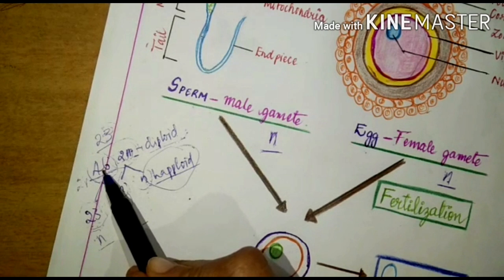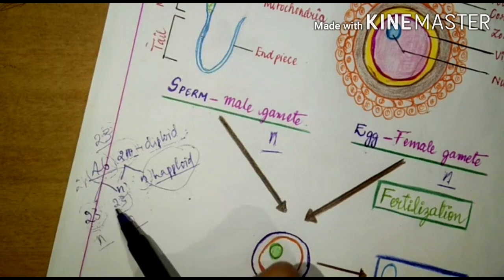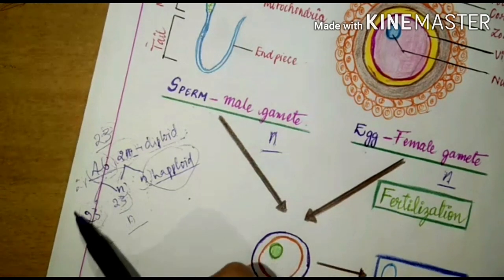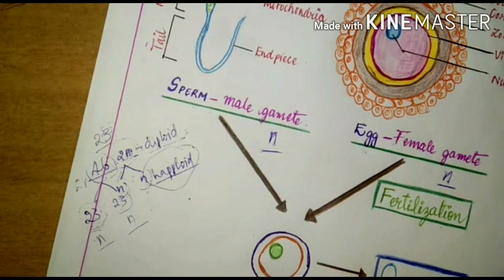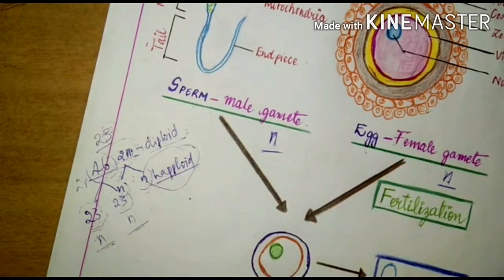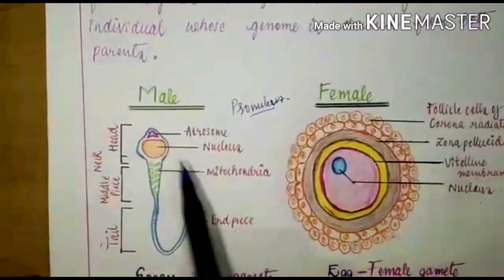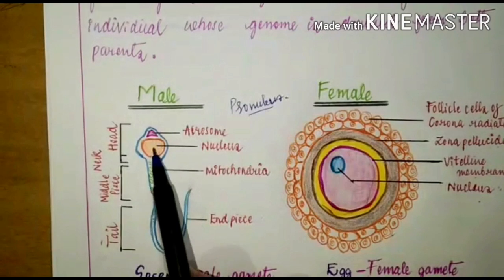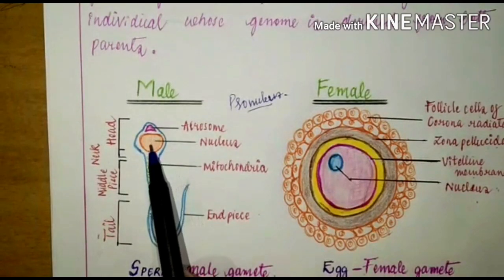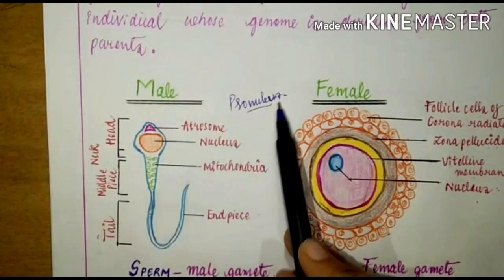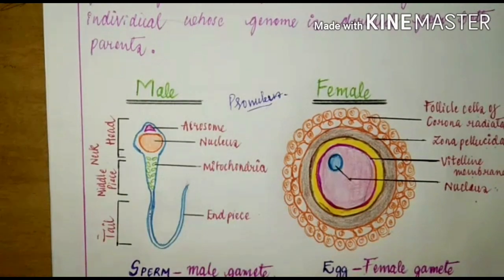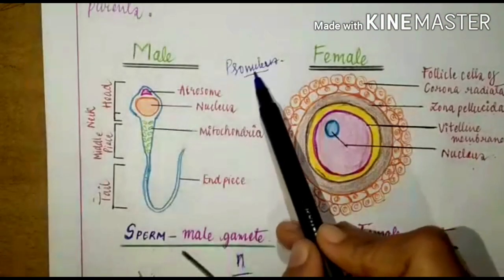If 46 chromosomes are present, each daughter cell will get 23 chromosomes. Got it, guys? This condition we call haploid. So in gametes we have the haploid condition. This nucleus has a haploid number of chromosomes. That is why we call the nucleus of gametes a pronucleus.